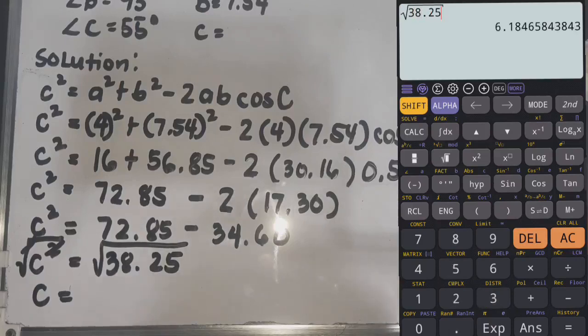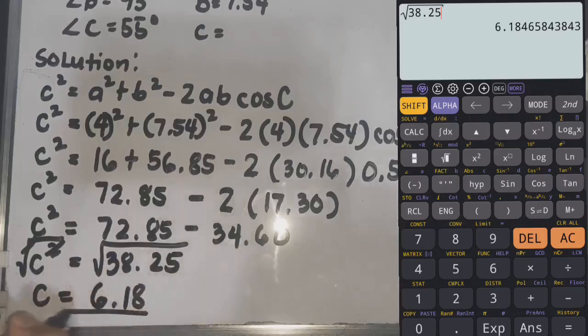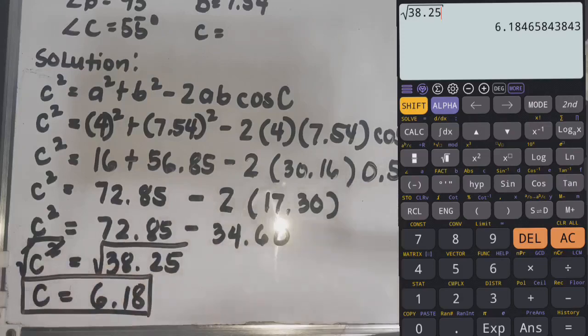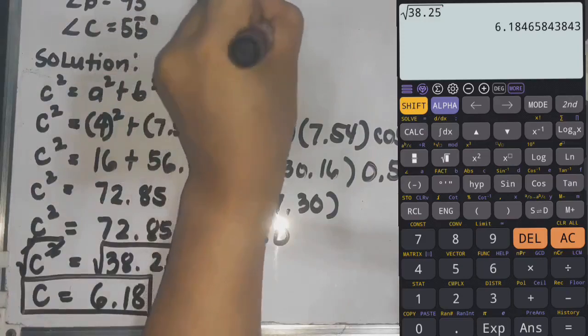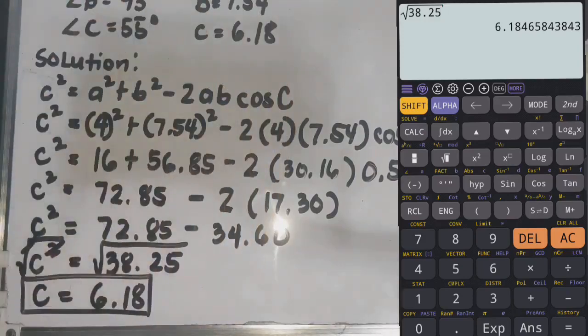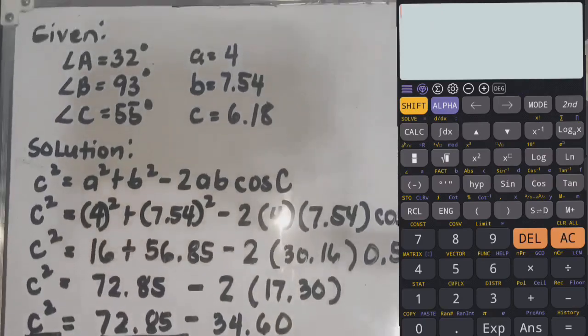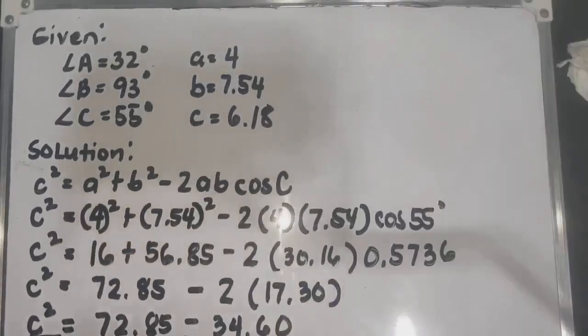Then 38.25, the value of C is 6.18. So ang value ng ating side C is 6.18. So kompleto na yung value natin ng ating oblique triangle.